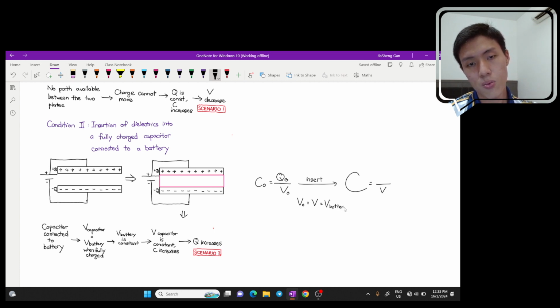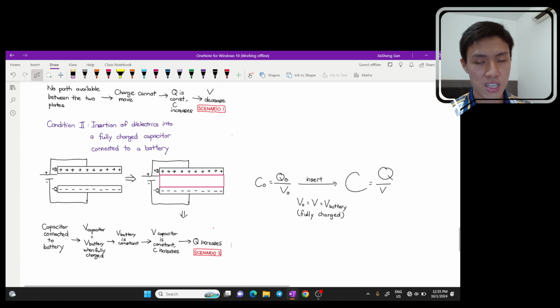That is what happens when it's fully charged. If your V naught and your V are the same, then for our capacitance to increase, it must correspond to an increase in the amount of charge stored in the capacitor. So that's why you see Q will increase.